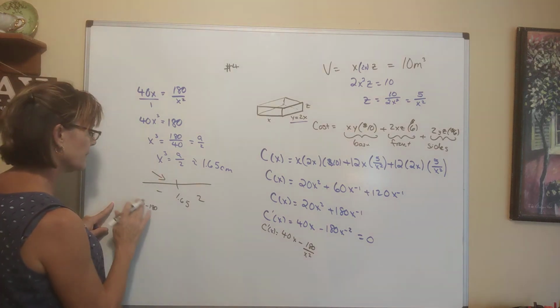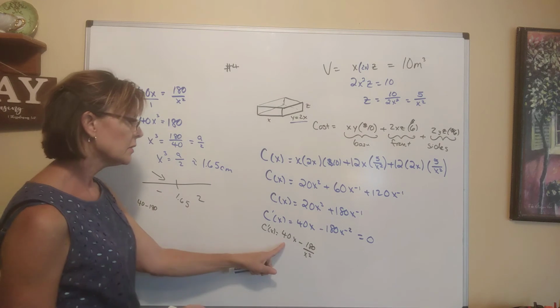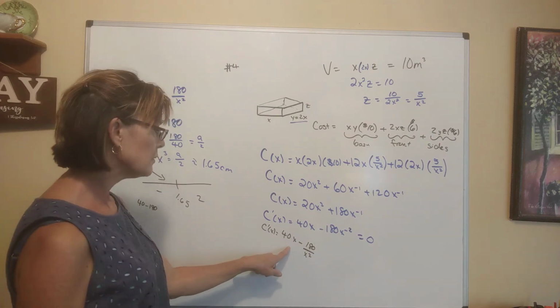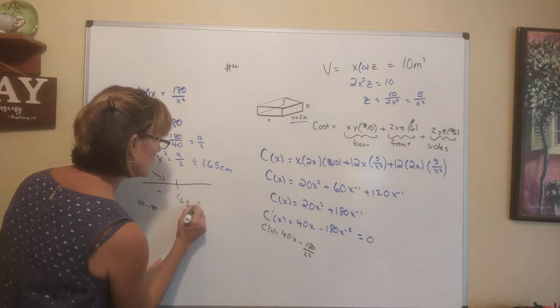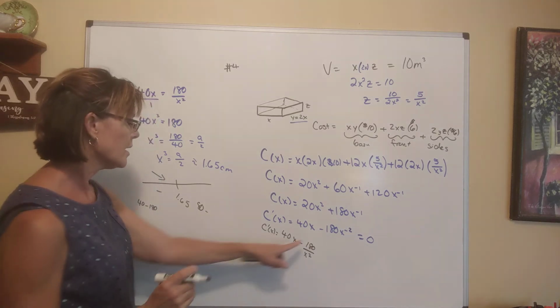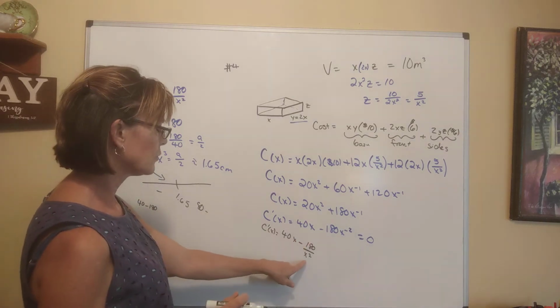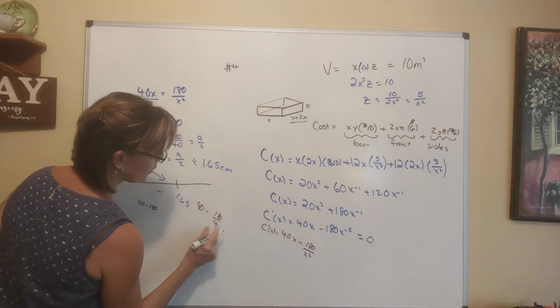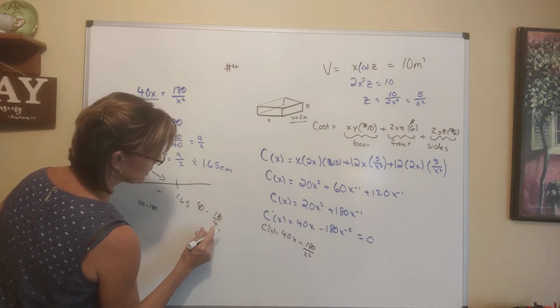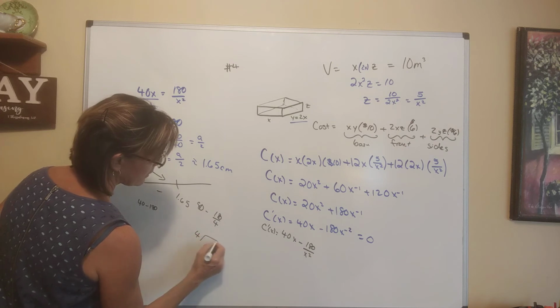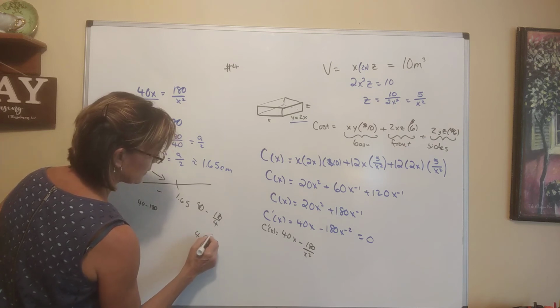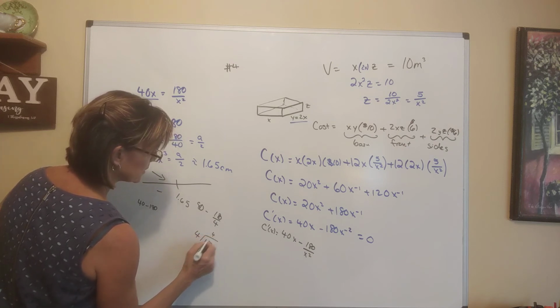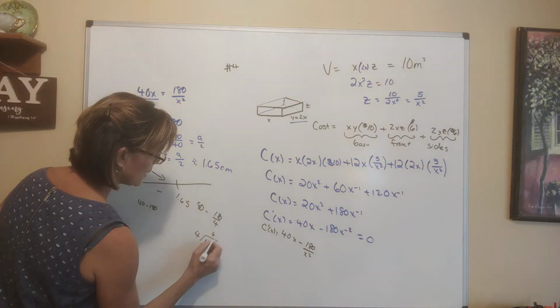which says that this side of that number is decreasing. When I put in 2, I'll have 40 times 2, which is 80, minus 180 divided by 2 squared, which is 4. 180 divided by 4 is 45.